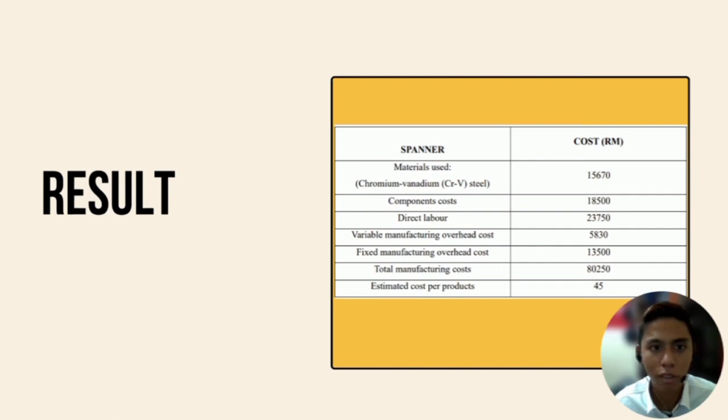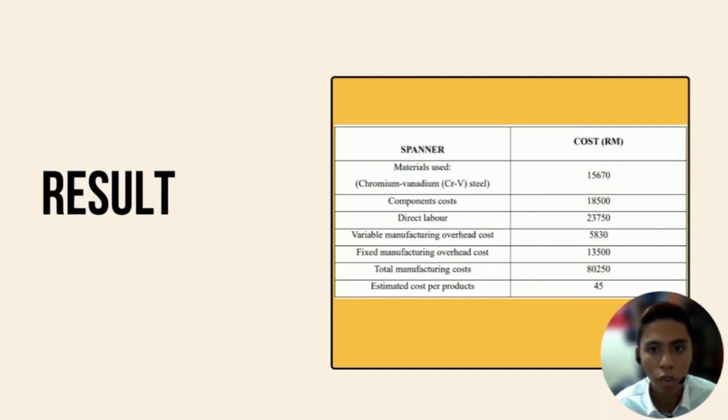As you can see, this is the table of the bill of materials to manufacture the spanner. The manufacturing of the spanner, as depicted in the table, can produce 1,200 units of spanner. The bill of materials and cost has been identified in the table.